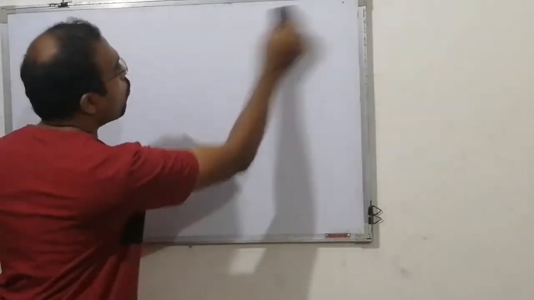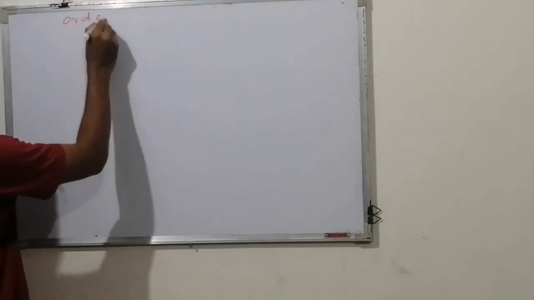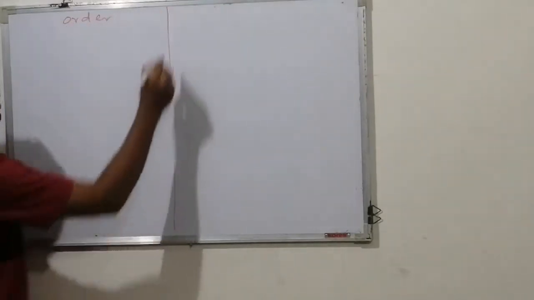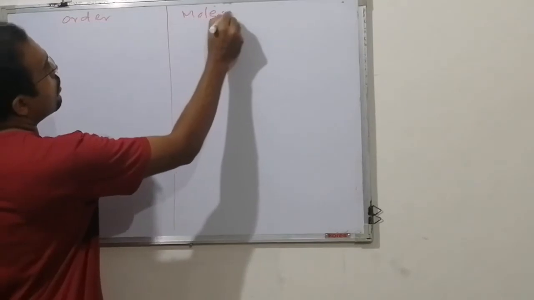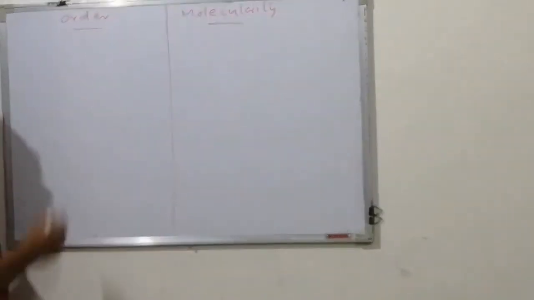Now suppose there is a question, differentiate between order and molecularity. It's a usual question, 2 mark or 1 mark.